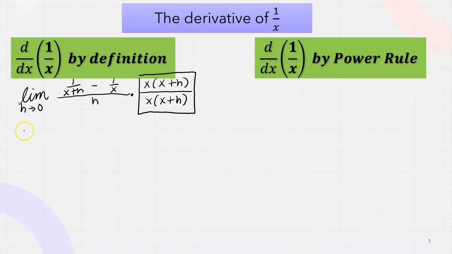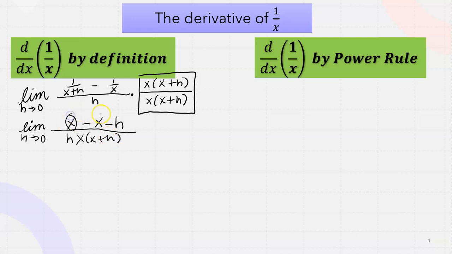That first fraction is going to zap out, and you will just have x minus 1, and the x will zap out. You have 1 times x plus h is x plus h, but since there's a minus in the front, you have to distribute that negative, so that would be minus x minus h. Or we can think negative 1 times x plus h is negative x minus h, all over h times x times x plus h.